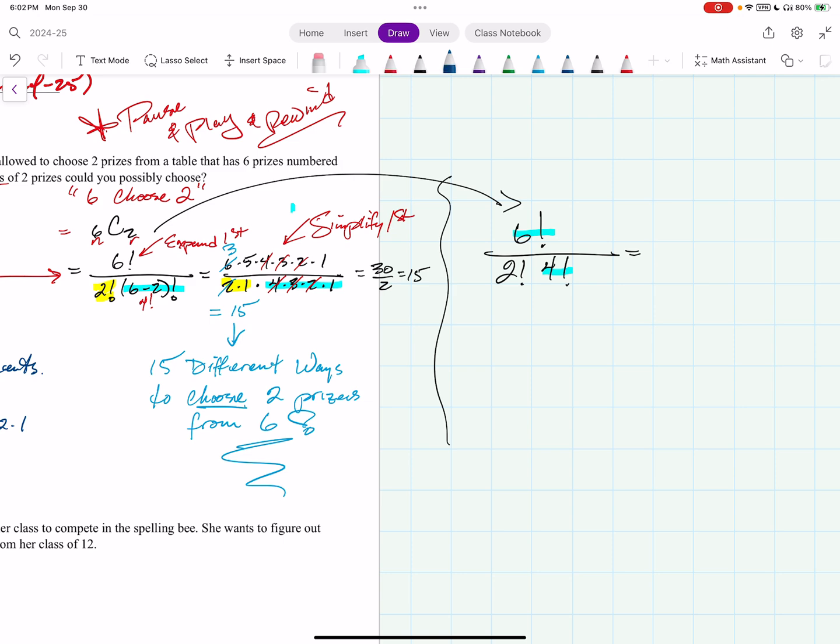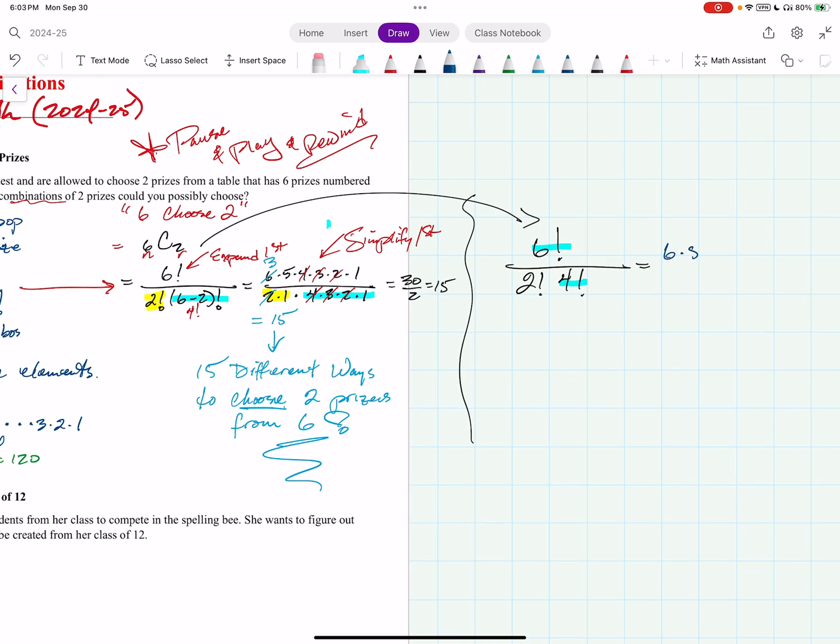Now watch why. 6 factorial means 6 times 5 times 4 all the way down to 1, but I'm going to stop there at 4 factorial because I see that in the denominator. I'm looking ahead. And 2 factorial is obviously 2, but then I have this times 4 factorial over here.